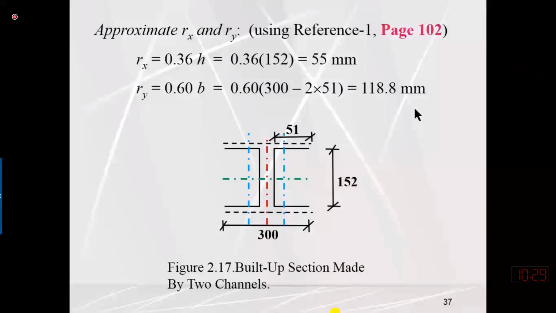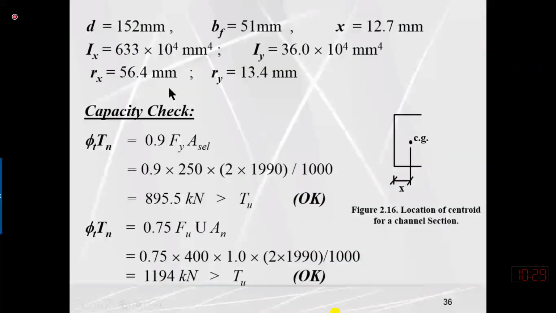But first of all, what I want to explain is that I told you we need to check the slenderness ratio. Slenderness ratio for a built-up section and stress reversal member should be less than 200. Slenderness ratio we compute as length divided by r minimum, which means the minimum radius of gyration. r minimum is the lesser of Rx and Ry.